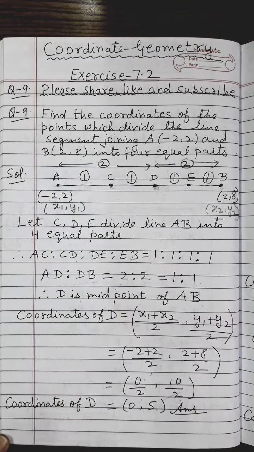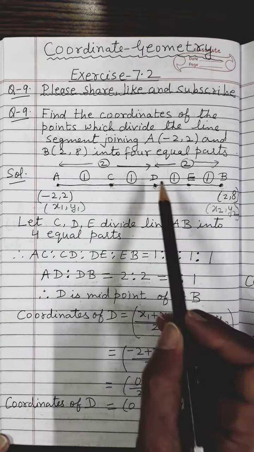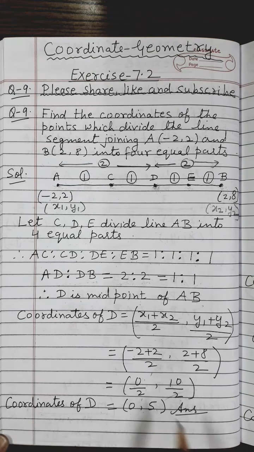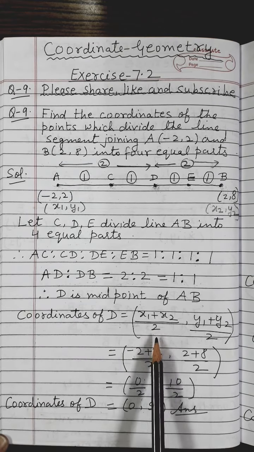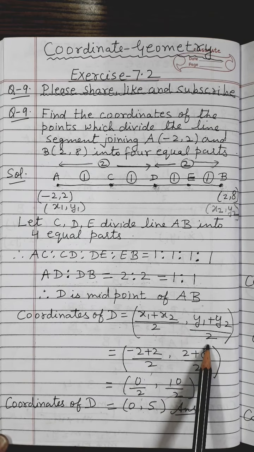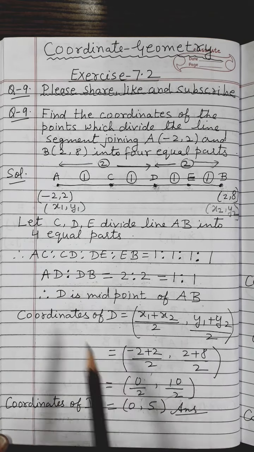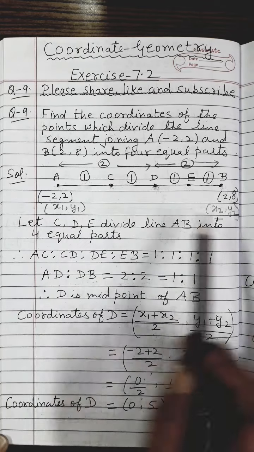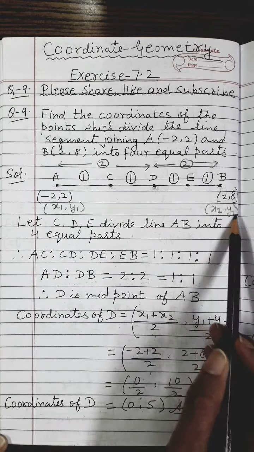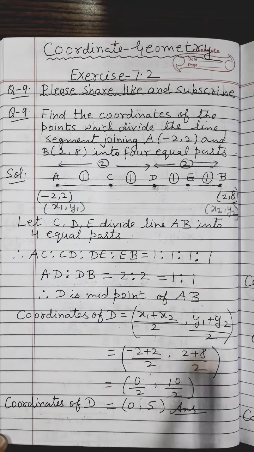So I can use the midpoint formula to find the coordinates of point D. Write down the formula: ((x1 + x2)/2, (y1 + y2)/2). This is your midpoint formula. Consider (-2, 2) as (x1, y1) and (2, 8) as (x2, y2). Simply substitute the values in this formula.